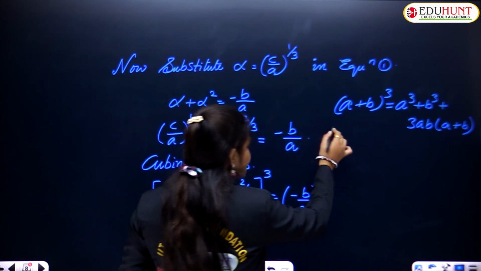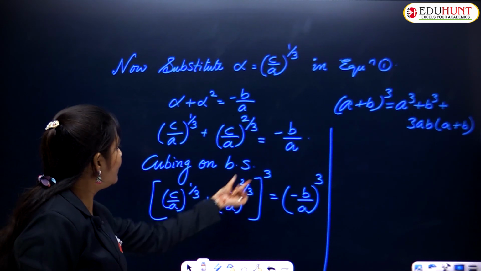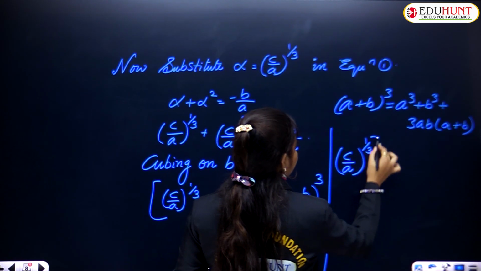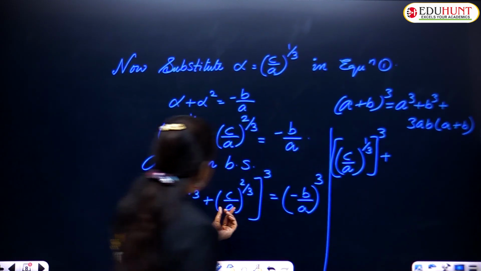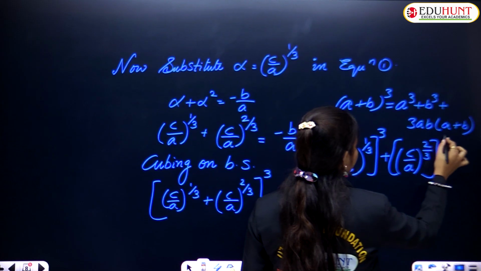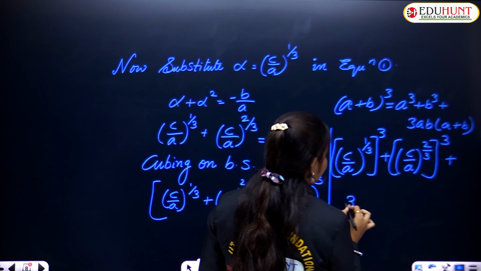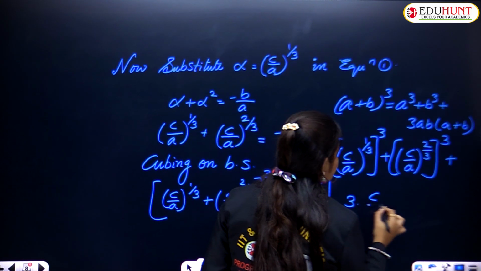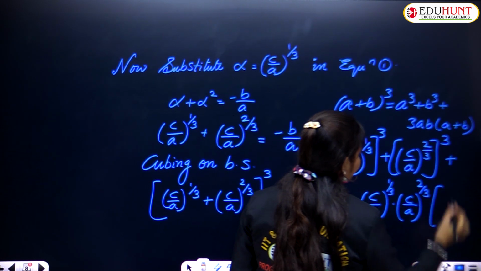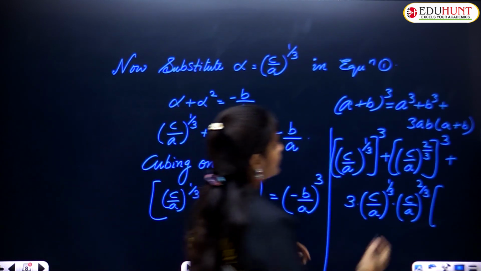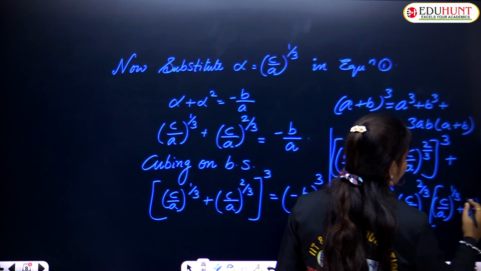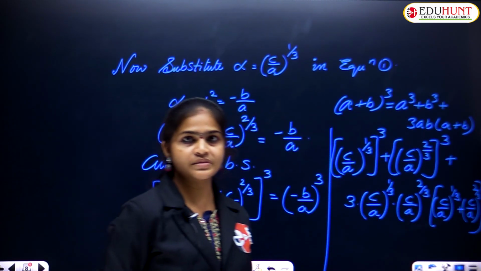So by using this formula, a is c by a whole power 1 by 3, so a cube is c by a whole power 1 by 3 whole cube, plus b cube, which means c by a whole power 2 by 3 whole cube, plus 3 into a into b, so c by a whole power 1 by 3 into c by a whole power 2 by 3, into a plus b, where a plus b is c by a whole power 1 by 3 plus c by a whole power 2 by 3. Clear to you?